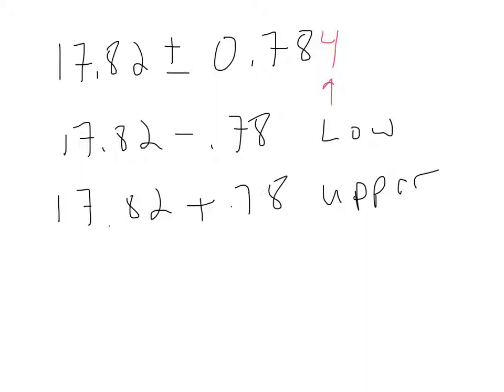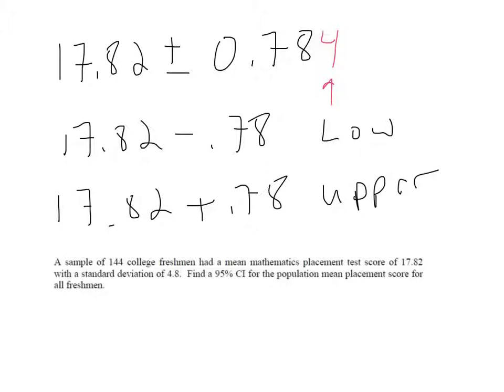And then we'll want to write a confidence statement which says we're 95% confident that the true, I don't remember what this was about, average math placement score is between whatever this value comes out to be, up to as high as whatever this value is going to be. Okay, and that's the confidence interval that estimates this unknown mean placement score. Okay, and it's that easy.